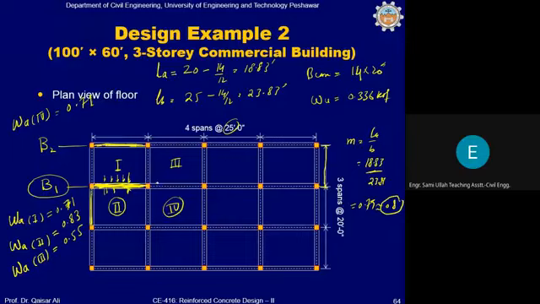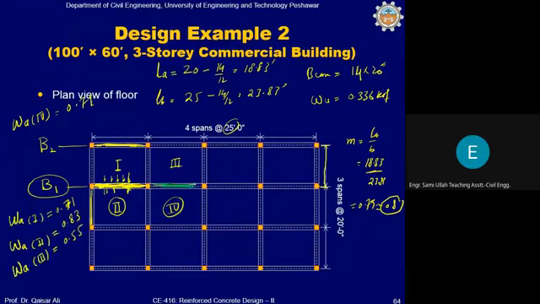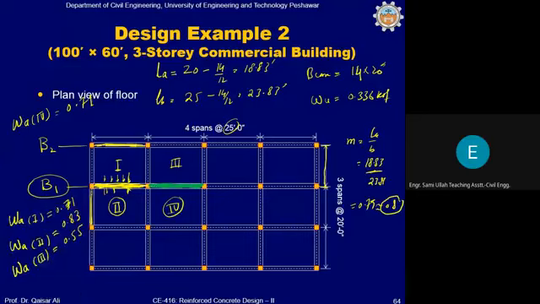Now, load acting on interior span of B1. For example, I am representing it with green color. This is basically the load acting on interior span of B1. उससे पहले हम कैलकुलेट करेंगे लोड एक्टिंग ऑन B2. तो लोड एक्टिंग ऑन B2 ऑलरेडी हम कैलकुलेट कर चुके हैं. Some of the load is coming on this beam and some on this beam.